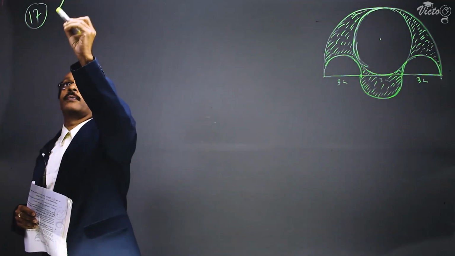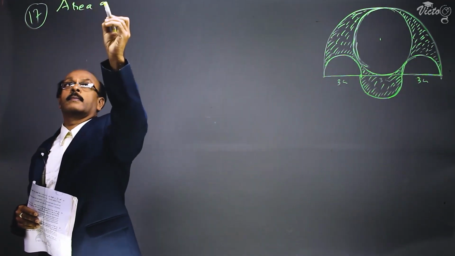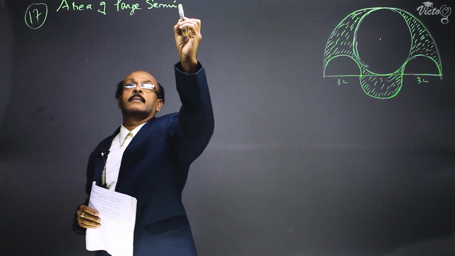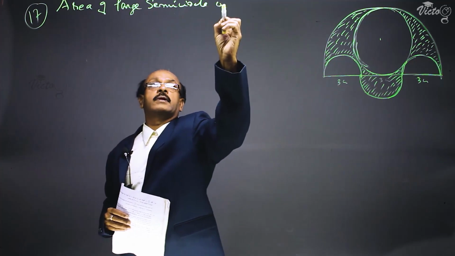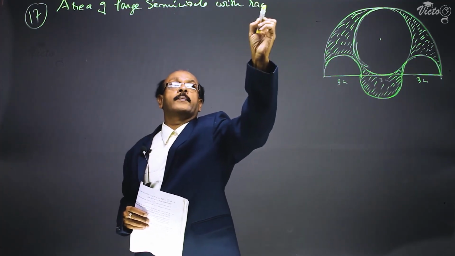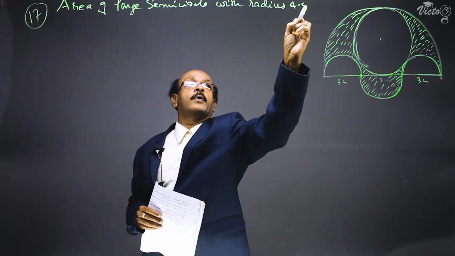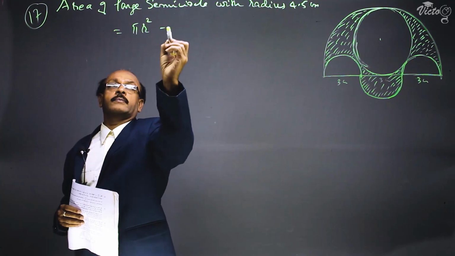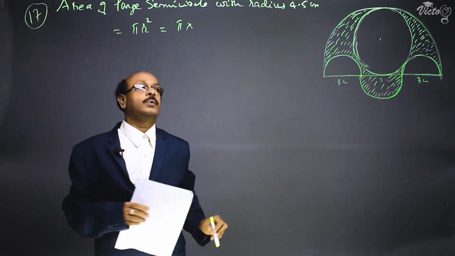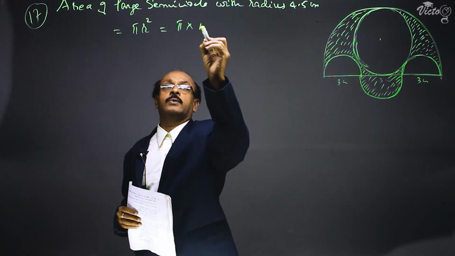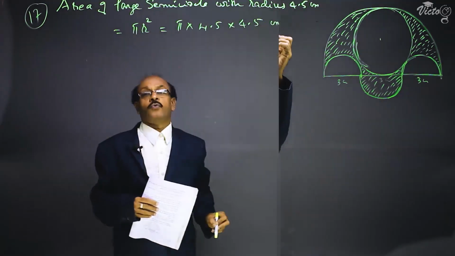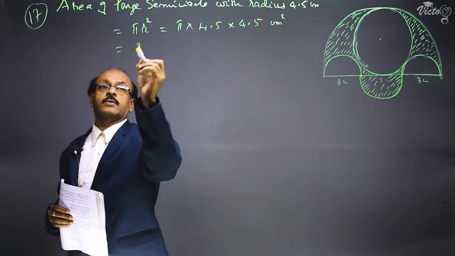Area of large semicircle with radius 4.5 centimeter is equal to pi r square, which is equal to pi into 4.5 into 4.5 centimeter square.